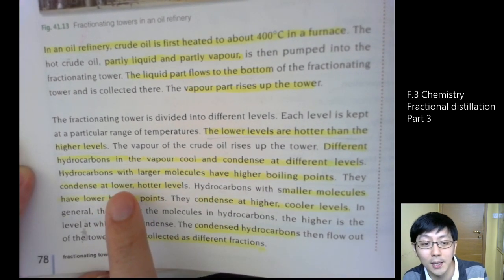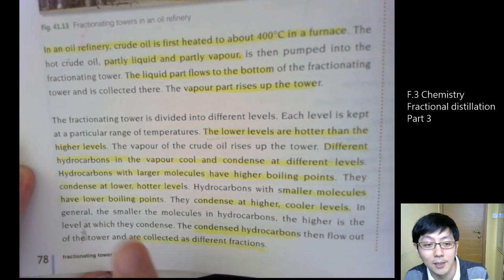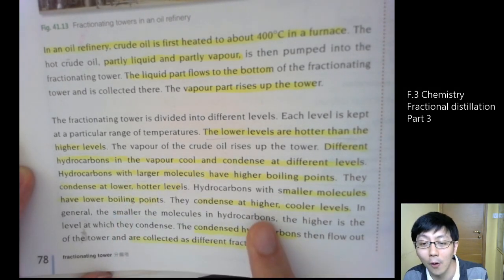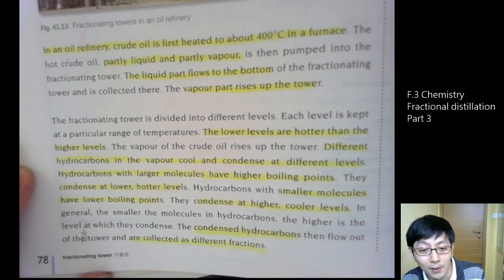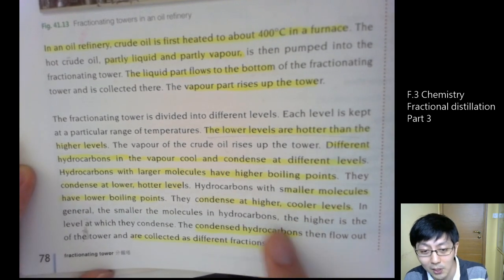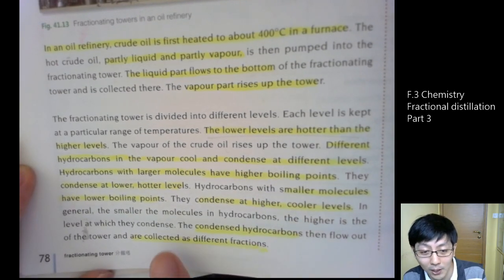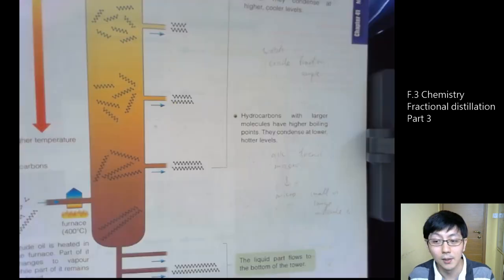They condense at a lower, hotter level. Smaller molecules have lower boiling points, and condense at a higher, cooler level. 得唔得？So in general, the condensed hydrocarbons can be collected as different fractions.